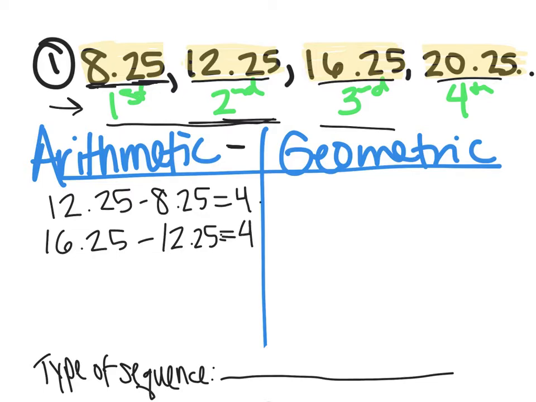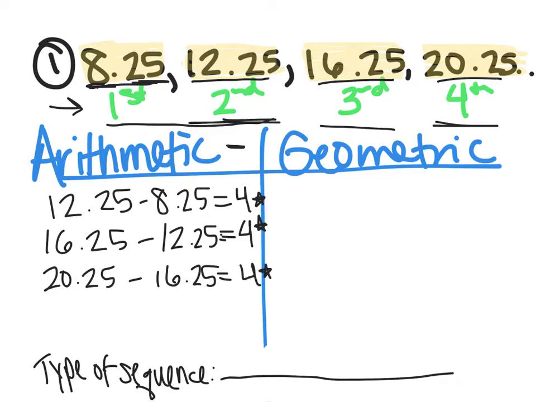Already we can tell that they're the same, but we're going to check one more difference to see if it's also 4. So take the next term in the sequence, 20.25, and subtract the previous term, 16.25. And when you plug those into your calculator, you'll see that it's 4.